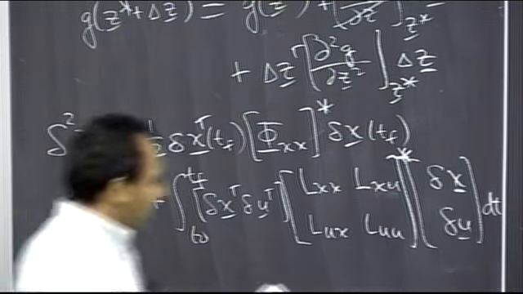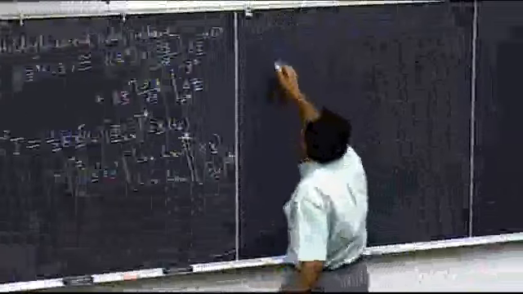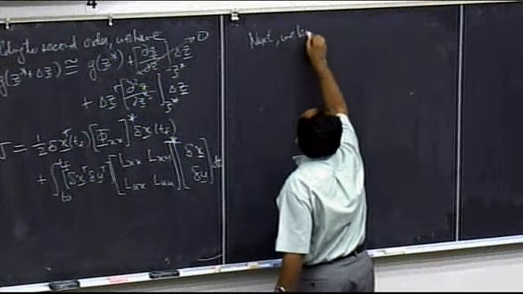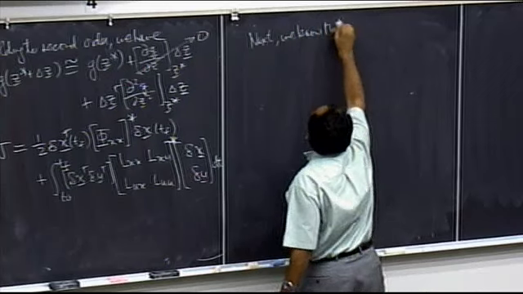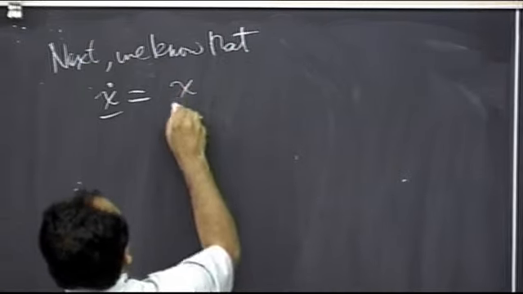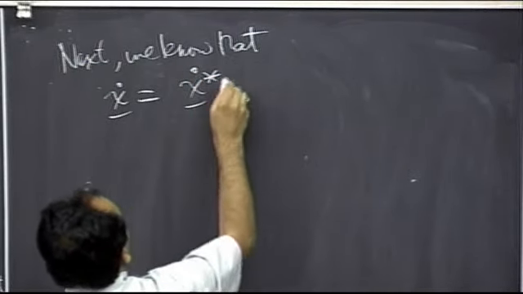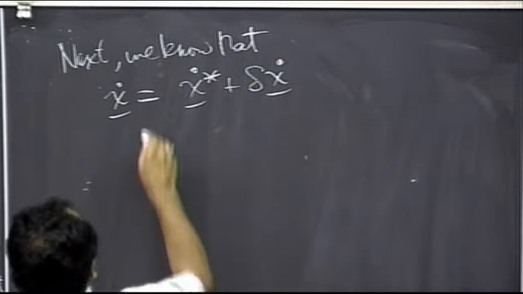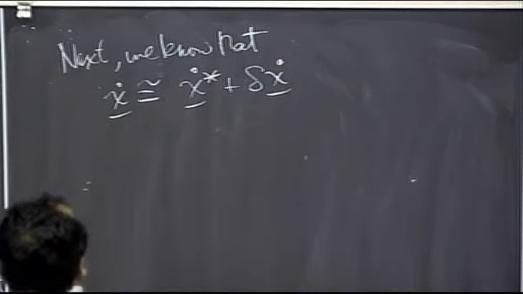Now we're going to do the same thing for the dynamics. Next, we know that x dot is approximately equal to x star dot plus delta x dot. So we're linearizing this.